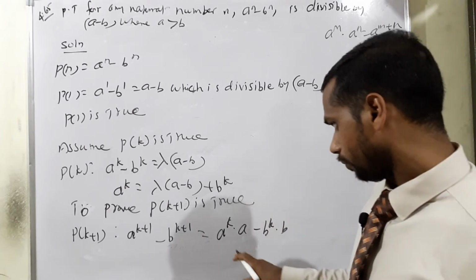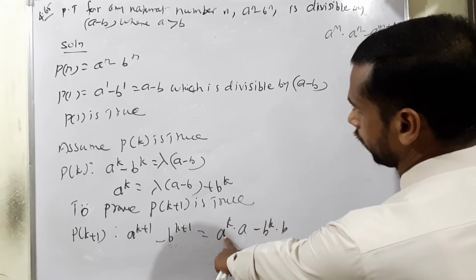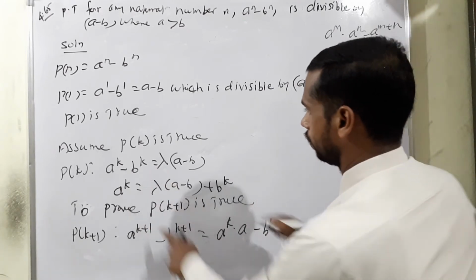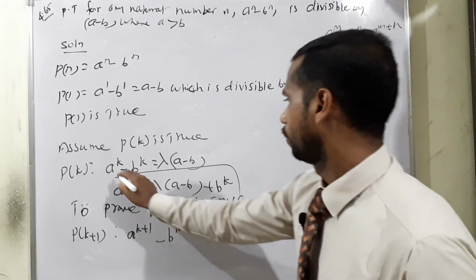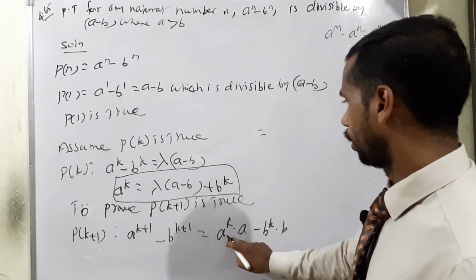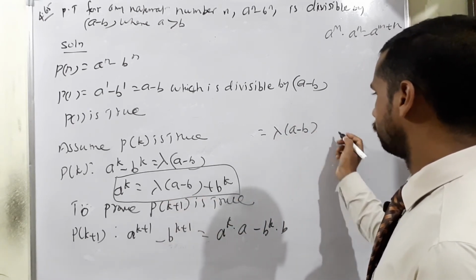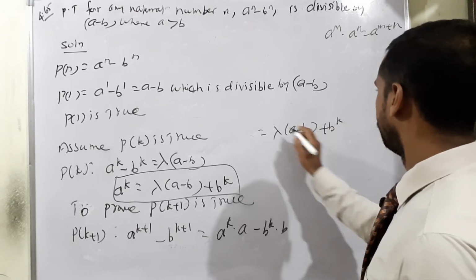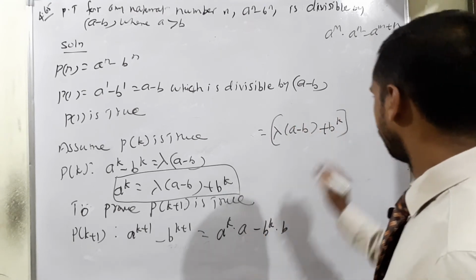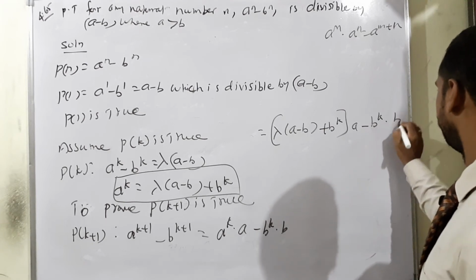Therefore, what we have to do? Instead of a to the power k, we can write now a to the power k is equal to lambda into a minus b plus b power k into a, then minus b power k into b.